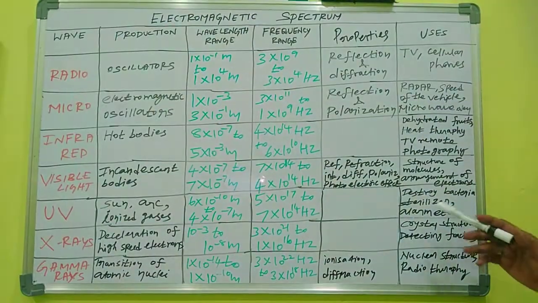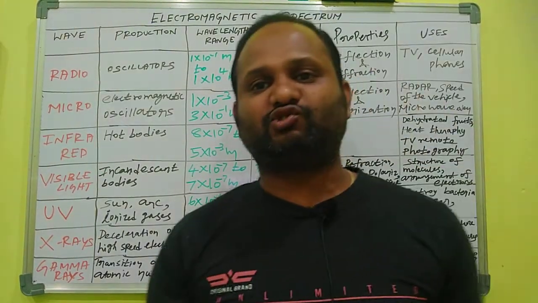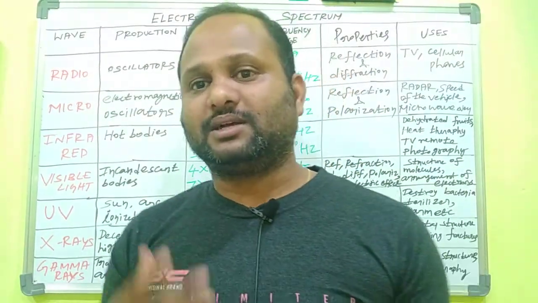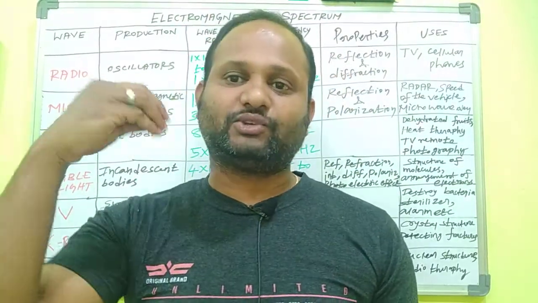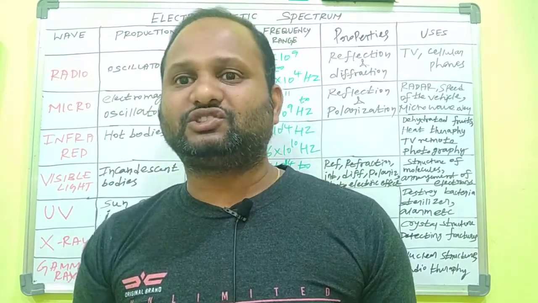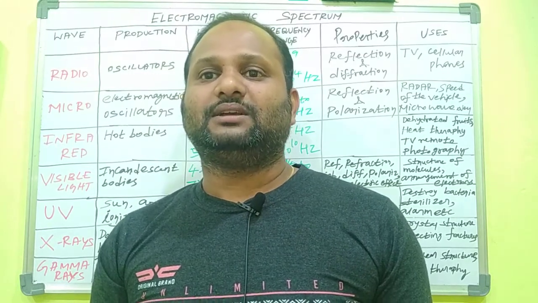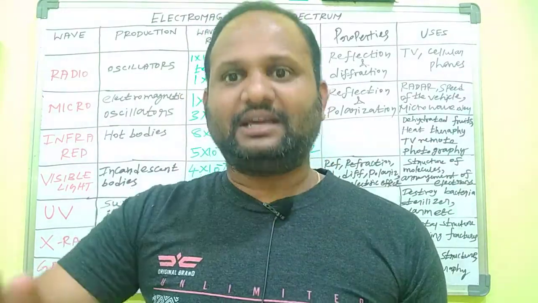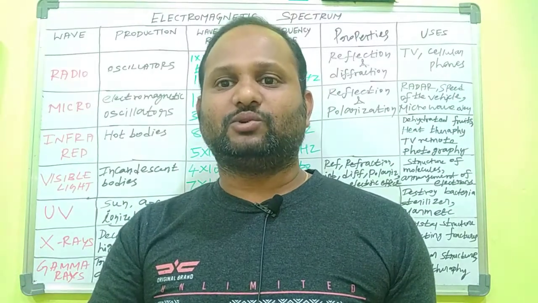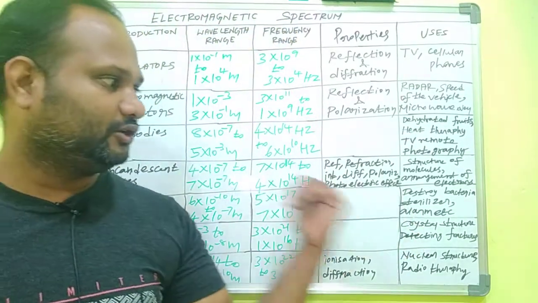Okay. What are the uses of ultraviolet radiations? It is used to destroy bacteria because it is harmful, so we can make use of this. It is a sterilizer, used to sterilize bacteria, viruses, any germs, micro germs, with the help of UV rays.